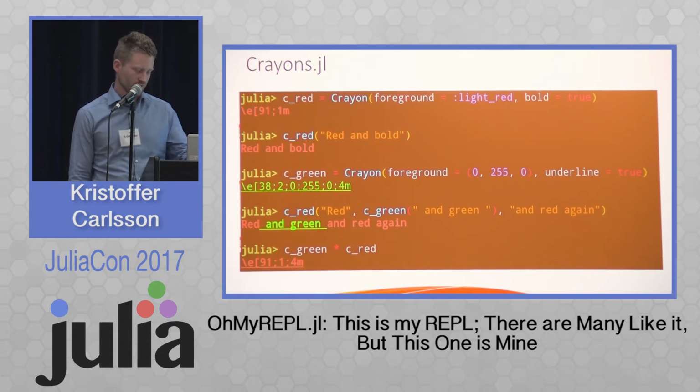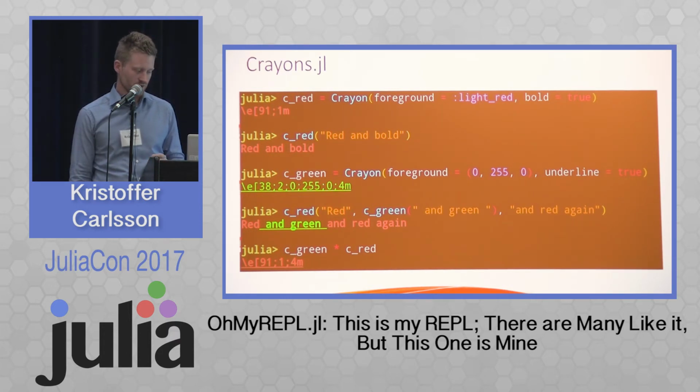And for the sea green here, as you see, I can also enter a foreground as an RGB tuple. And here I also show the underline keyword. Not all terminals support this RGB style, 24-bit colors. For example, Windows, I don't think it will work there.